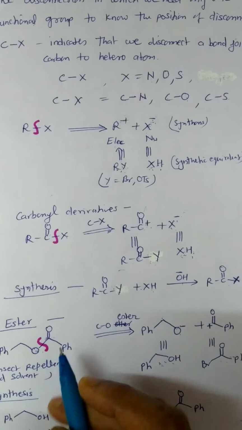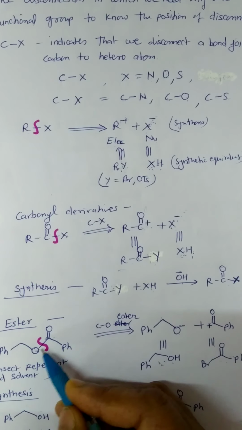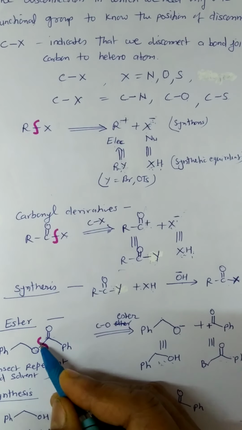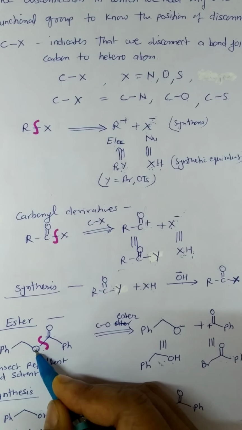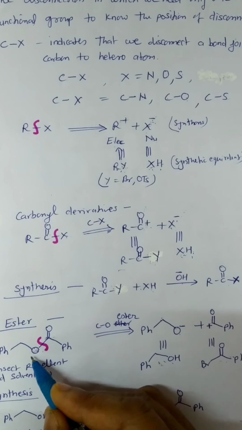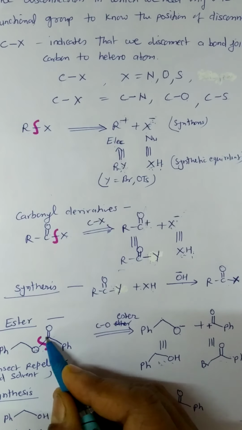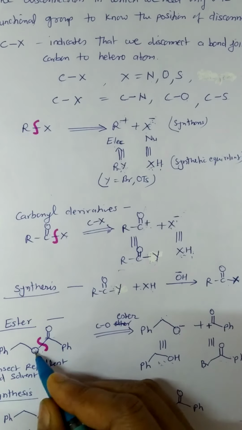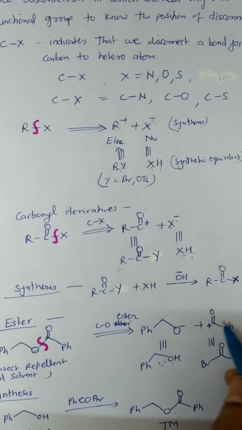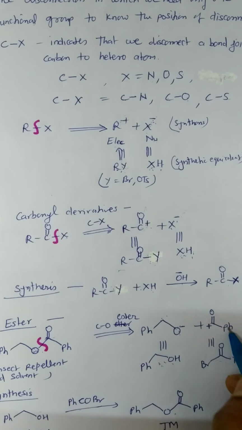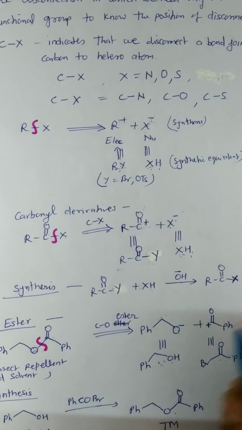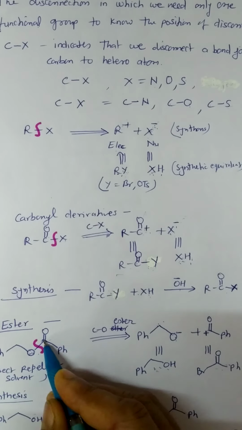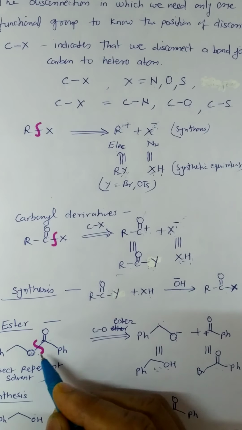The ester is the functional group and therefore the disconnection should be carried out from this to this, a carbon-oxygen disconnection. Because oxygen is more electronegative than carbon, the two species formed are PhCH2O minus, and this carbon acquires a positive charge, therefore PhC plus double bond O species. These two synthons are obtained by disconnection of this C-O group.